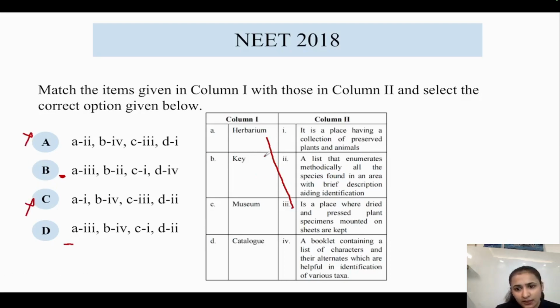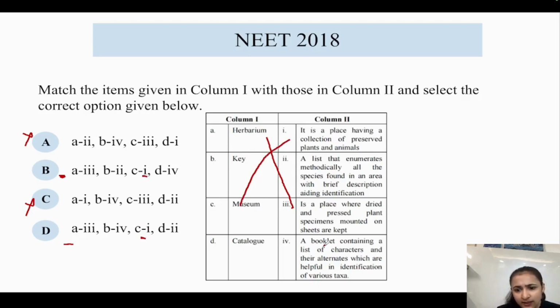Key. Key is a place having a collection of preserved plants and animals? No, that is incorrect. That is a museum. So C is 1, in both B and D.